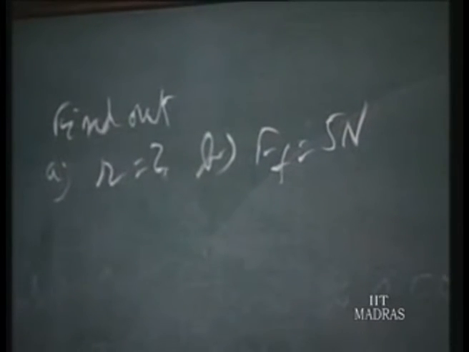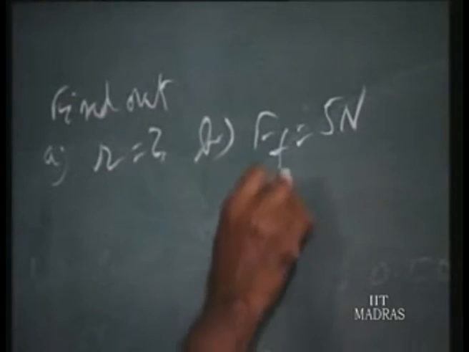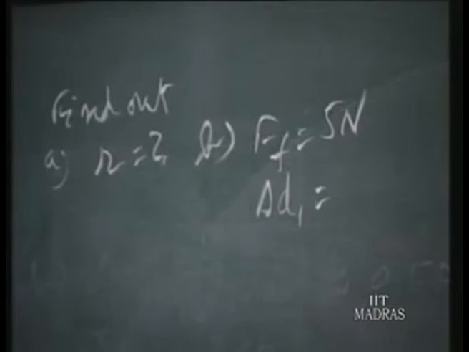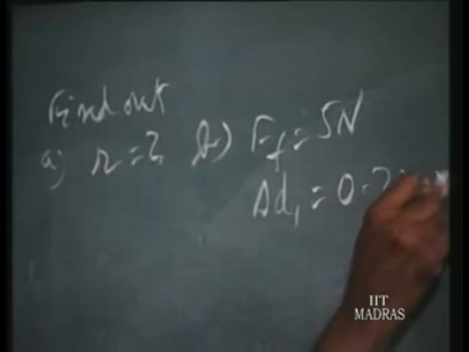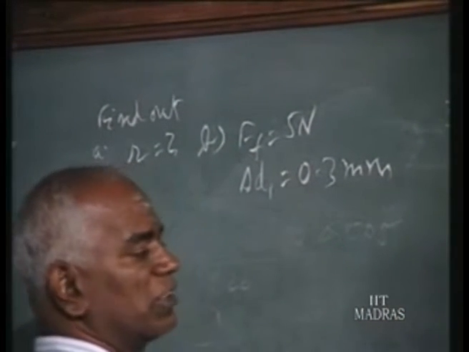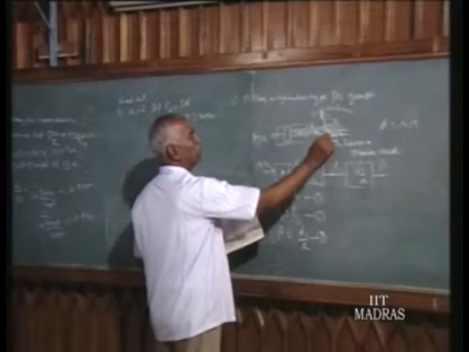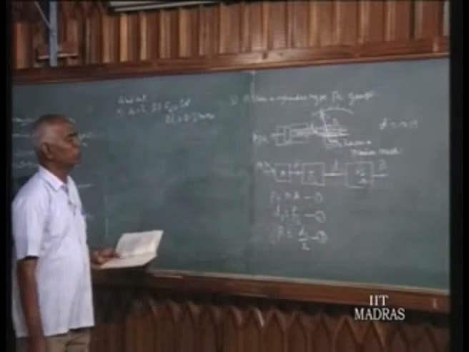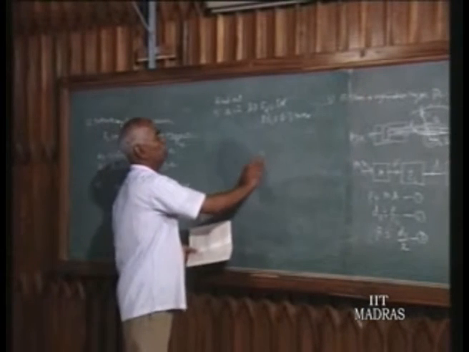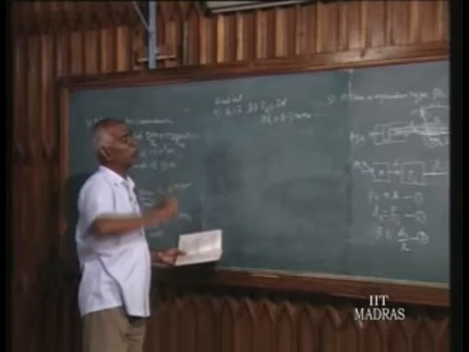Then backlash: in the rack and pinion mechanism we have backlash, delta D1, which is equal to 0.3 millimeter. So these are the error sources within the instrument, because we know there is a friction force and a displacement. For force, friction is the error, and for displacement, backlash is the error, which we have learnt already. So these are the two error sources, and how much the least count should be is our problem. Before that, the radius of the pinion is to be found out.